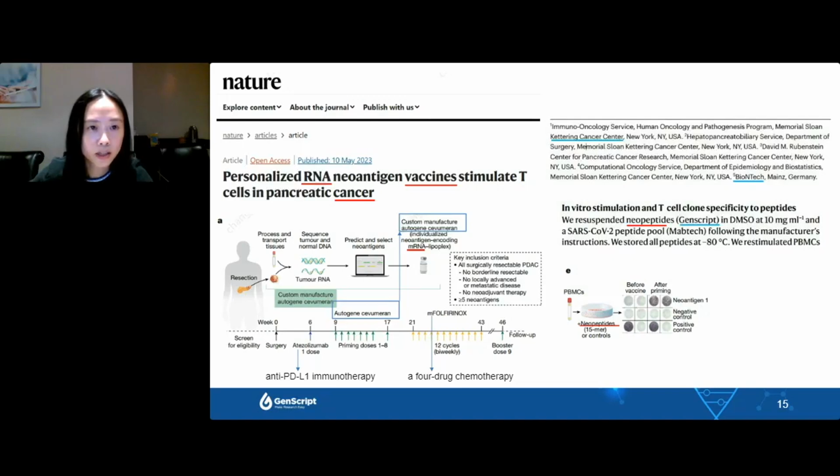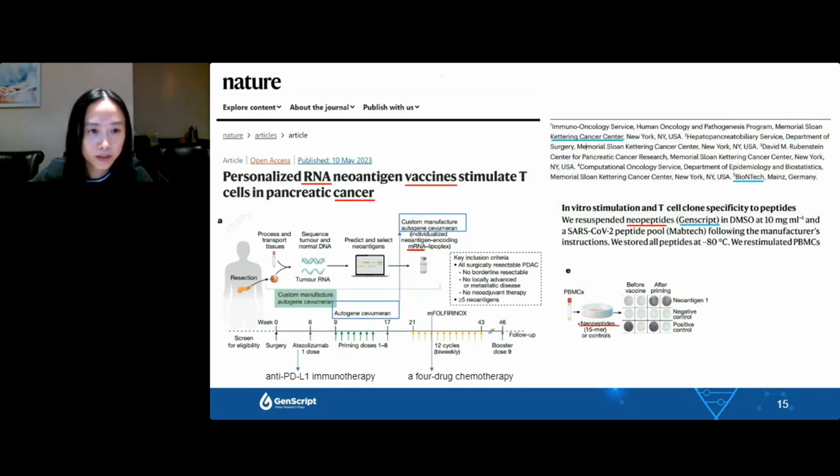So the target is neoantigen, and the format is RNA vaccines for the treatment of pancreatic cancer. During this process, the customers are BioNTech and Memorial Sloan Kettering Cancer Center. They used the neopeptides from GenScript to do the in vitro stimulation.